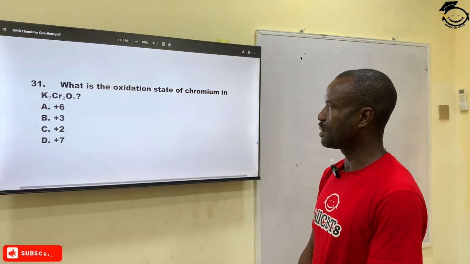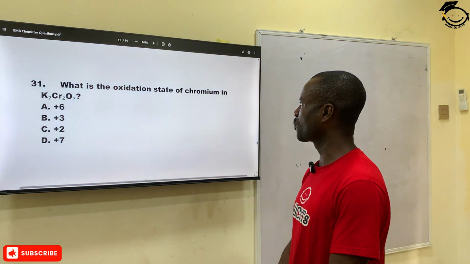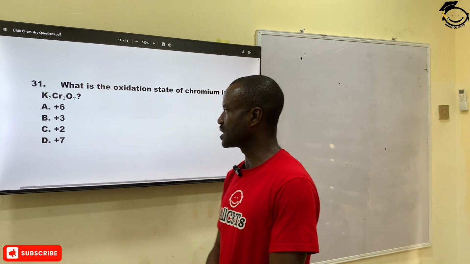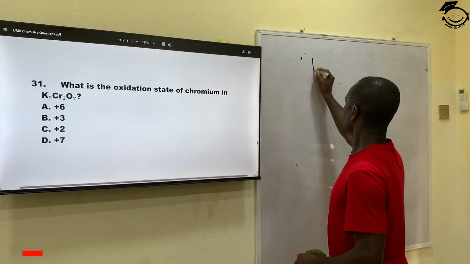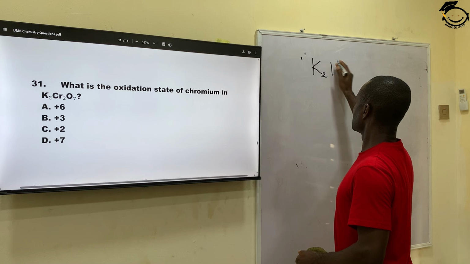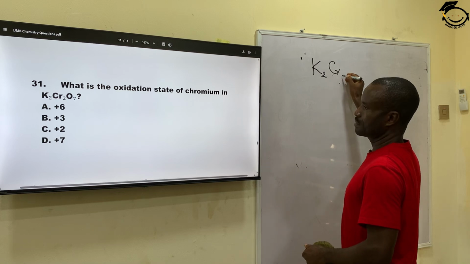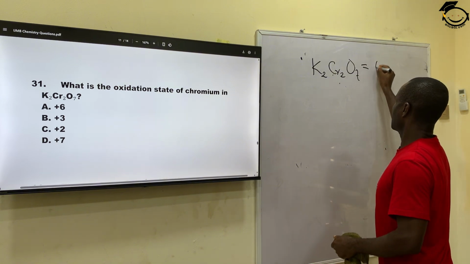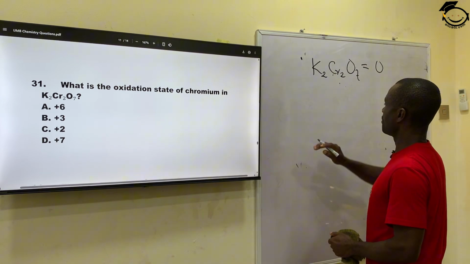Okay, question 31. What is the oxidation state of chromium in K2Cr2O7? You equate it to 0. The oxidation state of this total compound is 0.